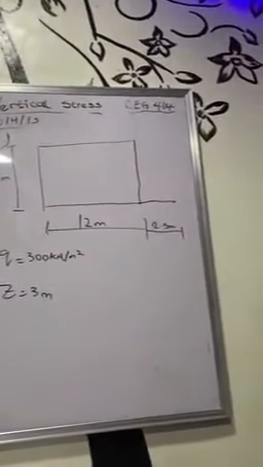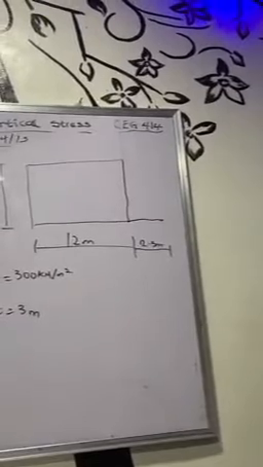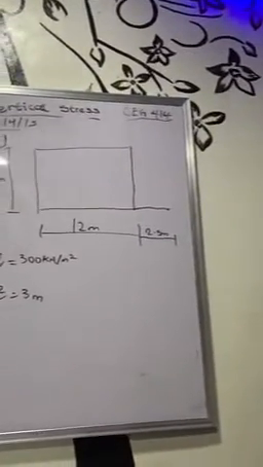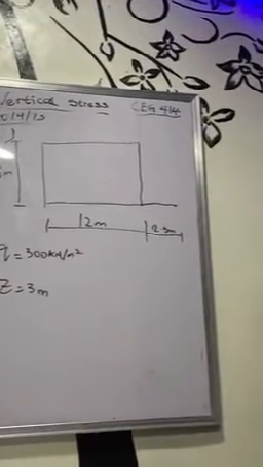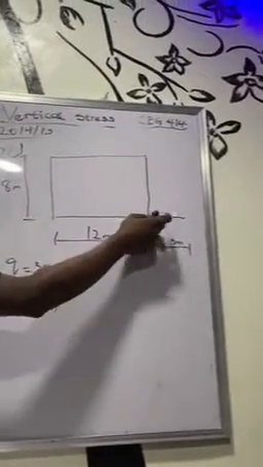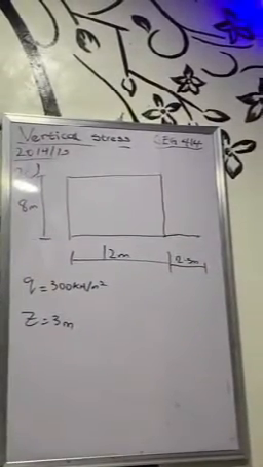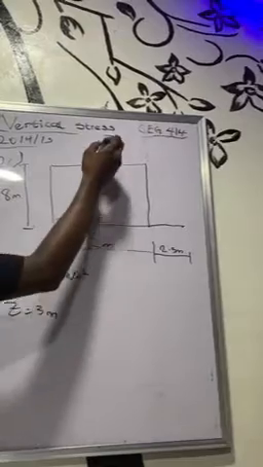Determine the vertical stress at a depth 3 meter below a point on the center line and 2.5 meter outside a long edge of the foundation using influence factors. Let's say this is the long edge and this is 2.5 meters from the long edge. So for the first one, they said below a point on the center line, that's in the middle.